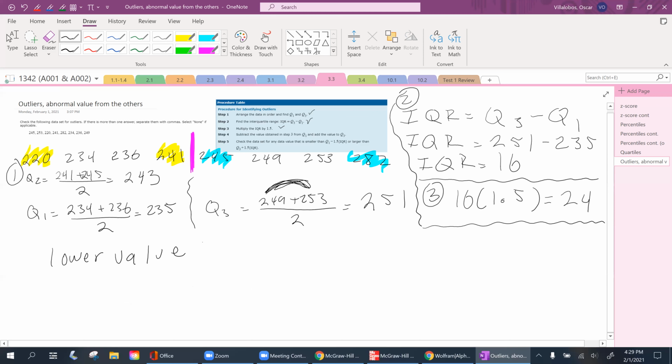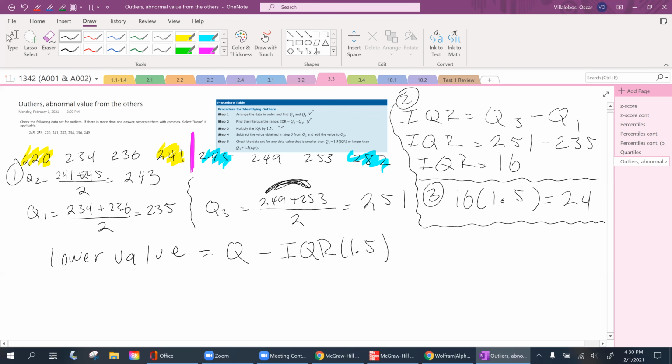So here, to find my lower fence, this is going to be 235, which is Q1. If you want to find your lower value, let me write down the formula for this. This is going to be Q1 minus IQR times 1.5.